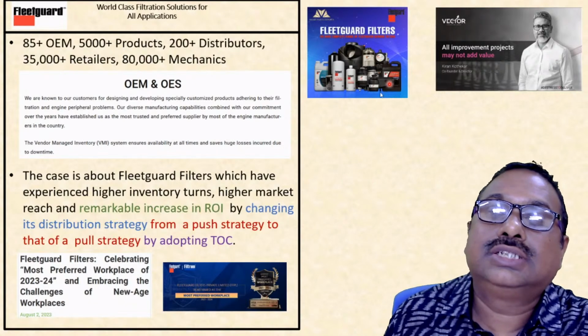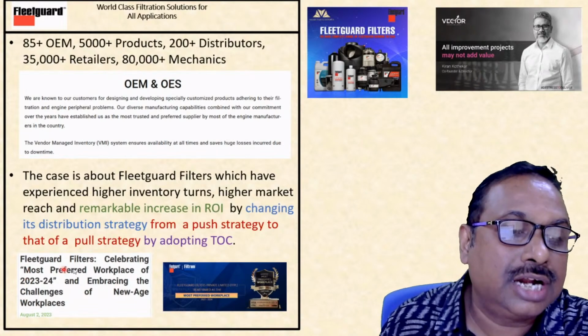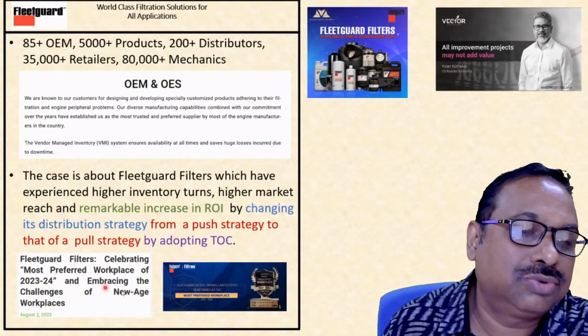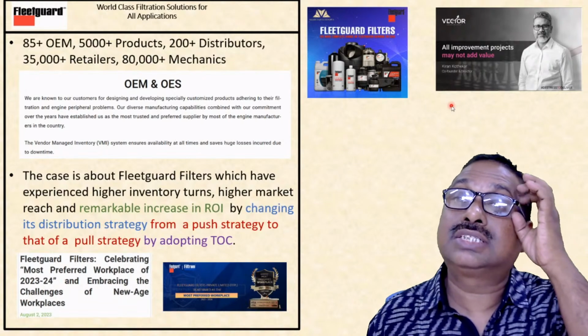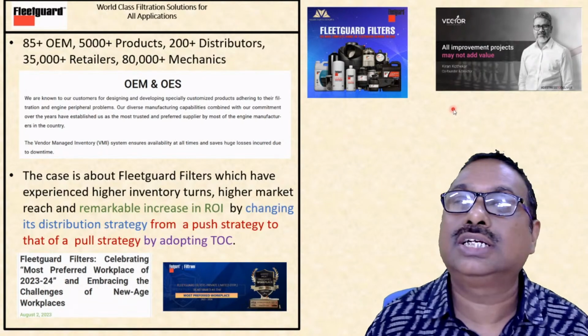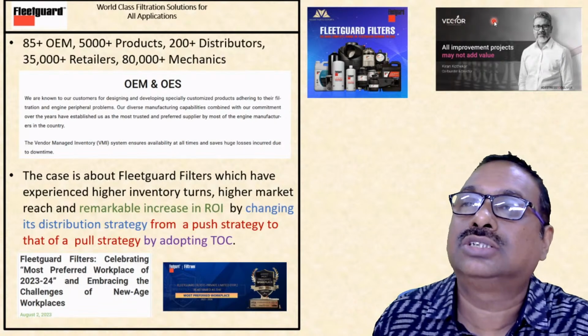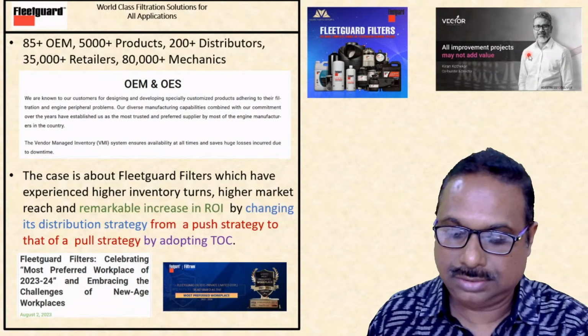You see some of the products, and Fleetguard Filters is celebrating being a most preferred workplace of 23-24. The consulting company they used, which uses theory of constraints, is Vector Consultancy, and Kiran Kuthekar is the main person. We'll see.